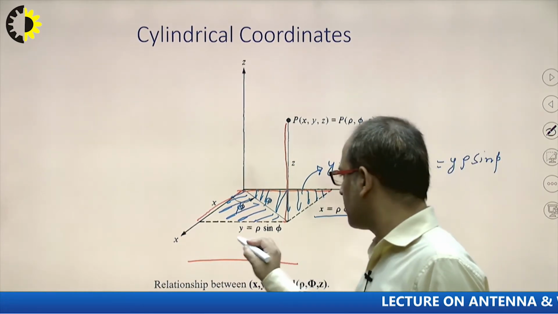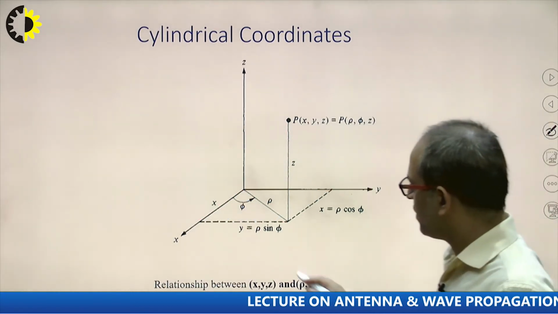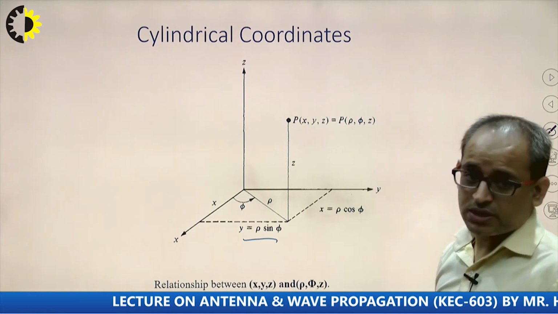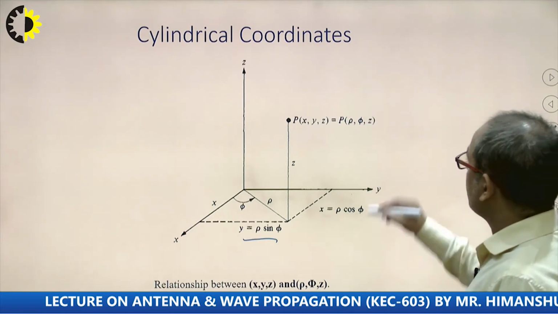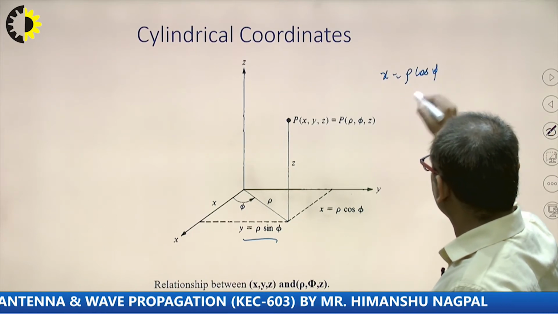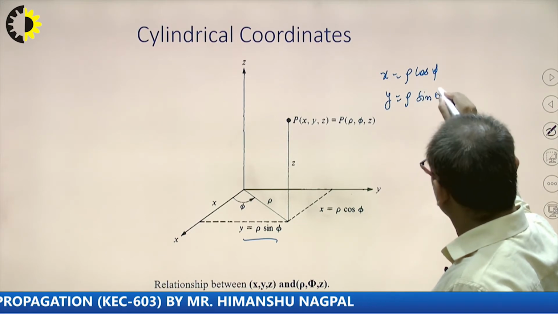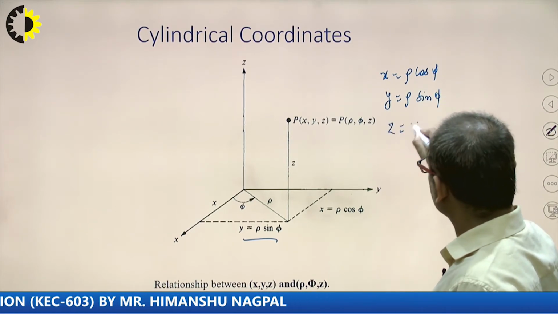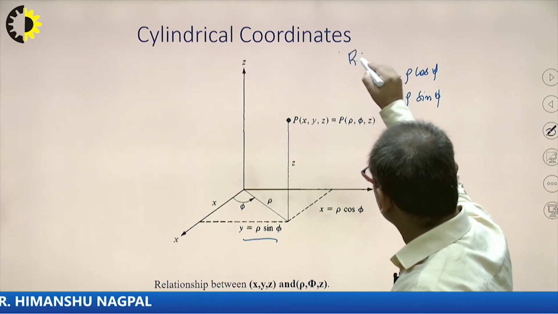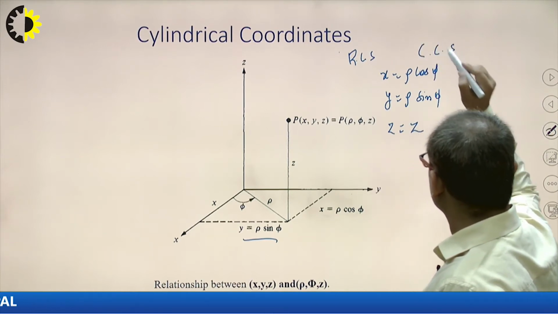Clear? So this is the relationship between the Cartesian coordinate system and the cylindrical coordinate system: x equal to rho cos phi, y equal to rho sin phi, and z equal to z. Clear? This one is the rectangular coordinate system and this one is the cylindrical coordinate system.